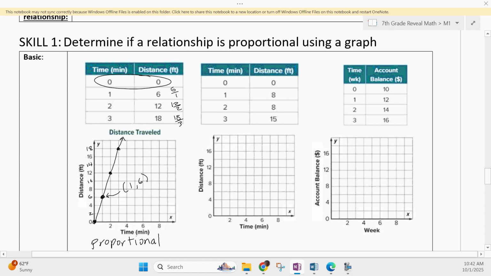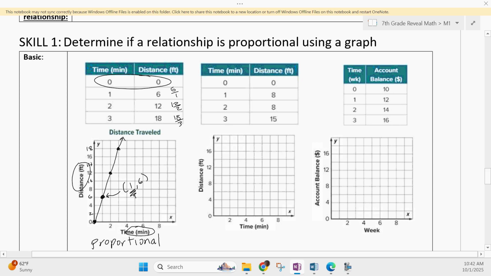Okay, now we would write it in a different way. We would say, oh, 6, that means 6 feet per minute, right? 6 feet per minute is what that point represents. Because this is a straight line through the origin, this special point with the 1 in it is going to be our constant of proportionality, also known as unit rate.